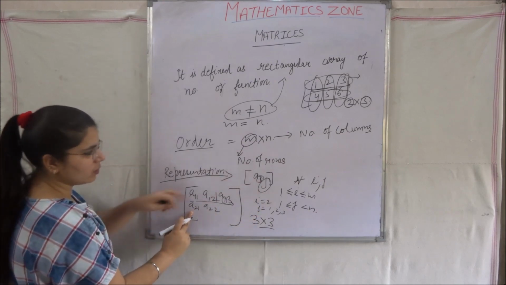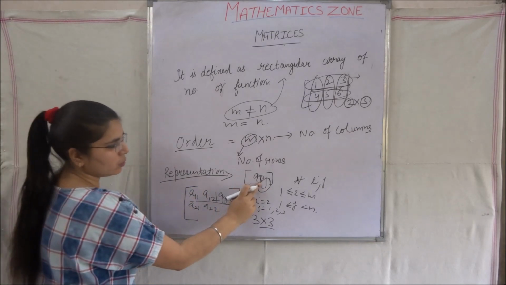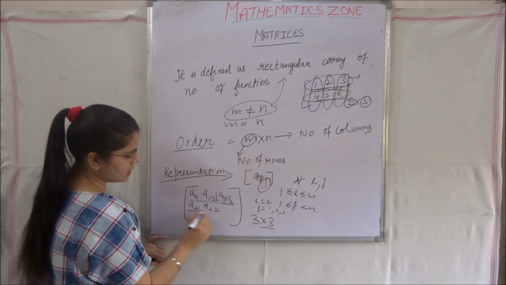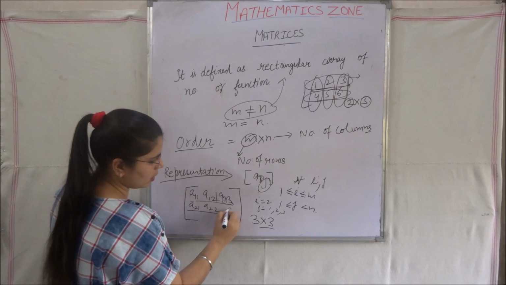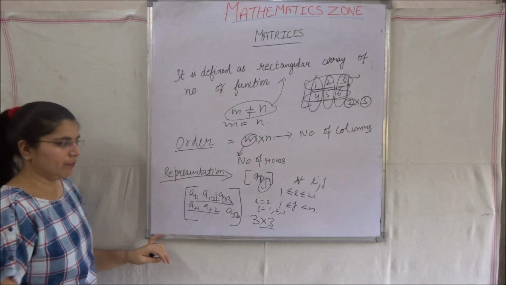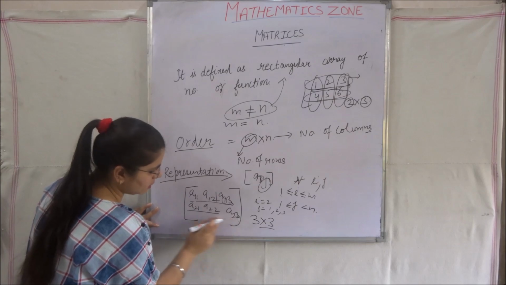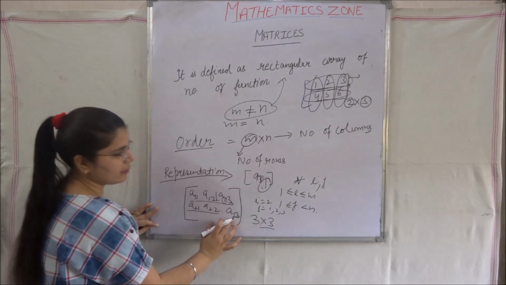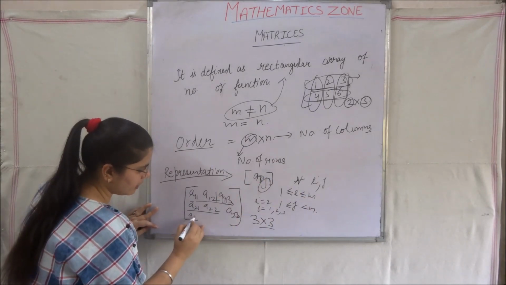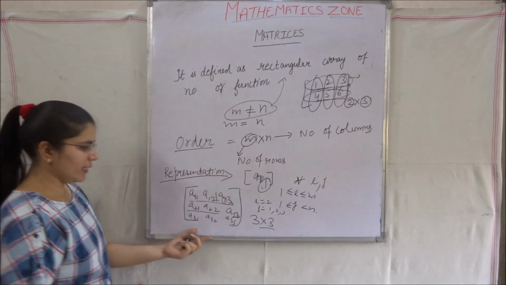Now for the second row, i is equal to 2 and j is equal to 1, so A21. i is equal to 2, j is equal to 2, so A22, that means second row and second column. For the third column, the second row will remain the same and j will be 3, so A23. For the third row, in all these three elements the row will be same but the column will keep on changing. So A31, A32, A33. So in this way we find a matrix.